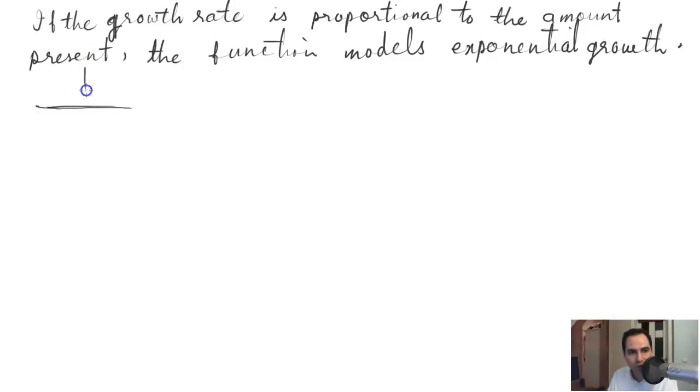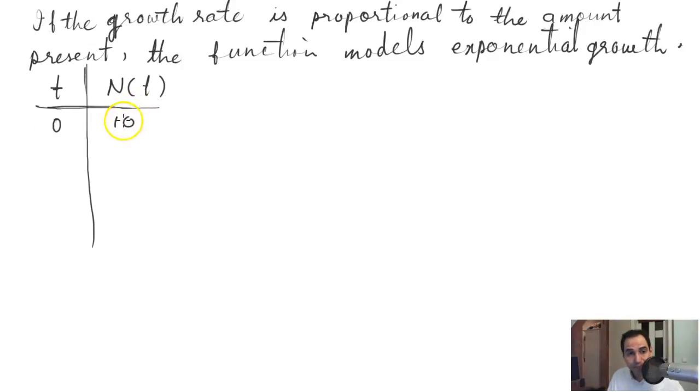So with time, let's say t is time in months, and n of t is the number of trees. When t is equal to 0, you have, I don't know, 10 trees in that field.